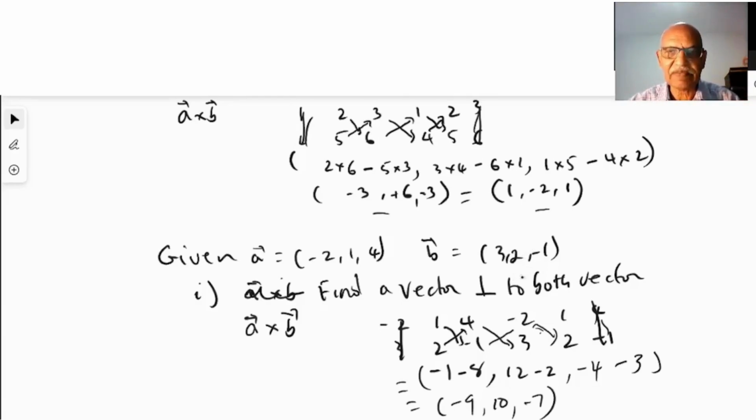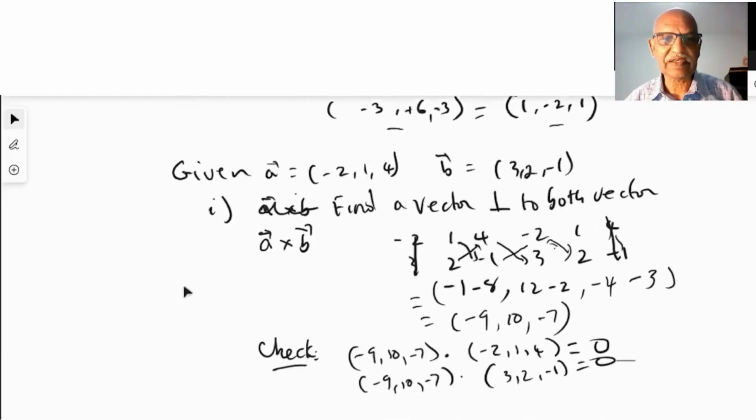And the same thing, negative 9, 10, minus 7, dot 3, 2, minus 1 must be equal to 0. Then I check if my answer is right.